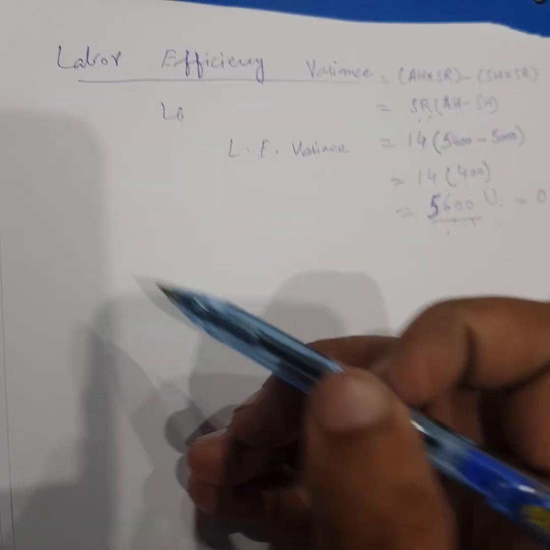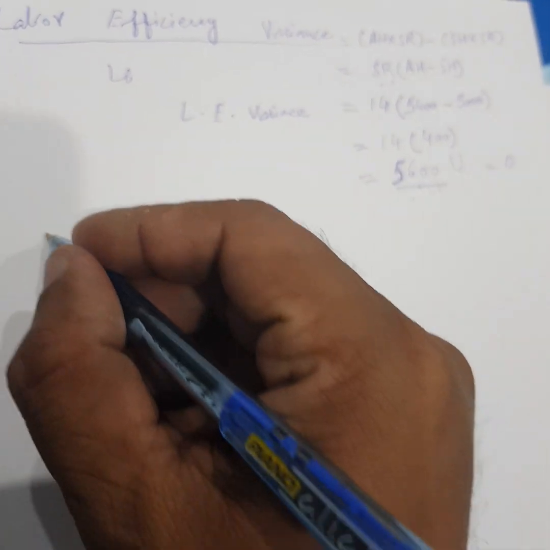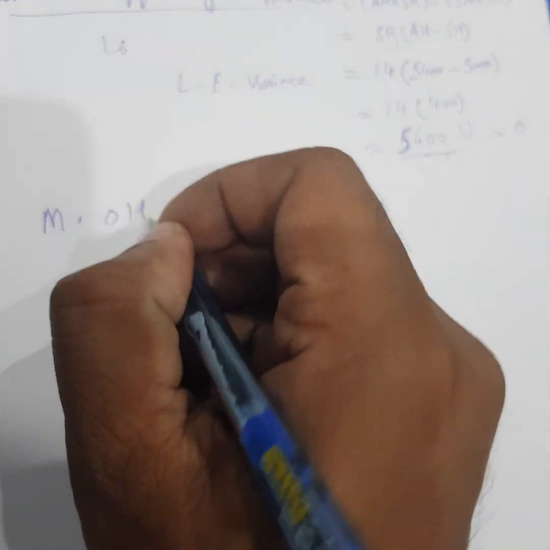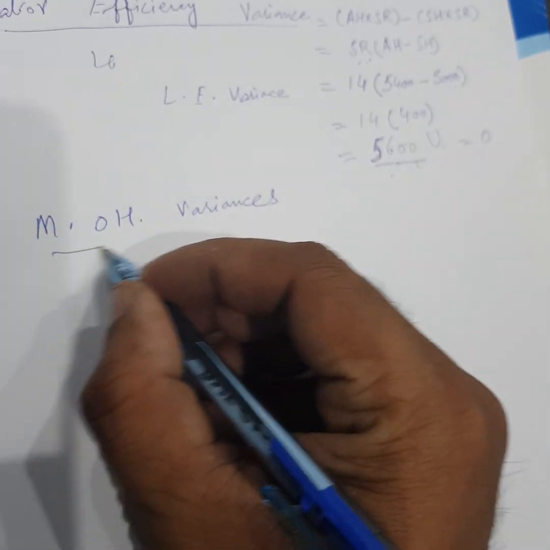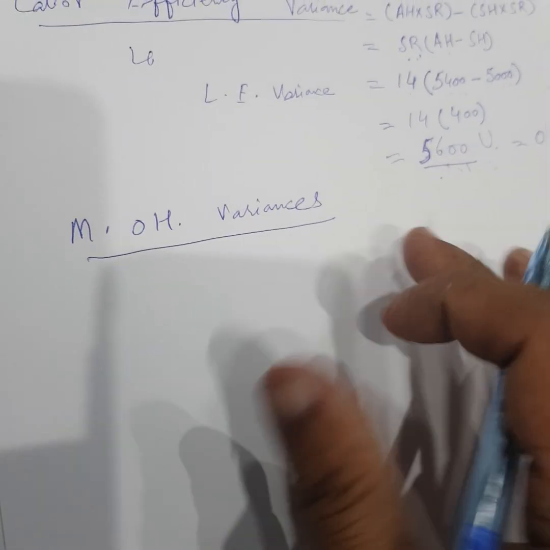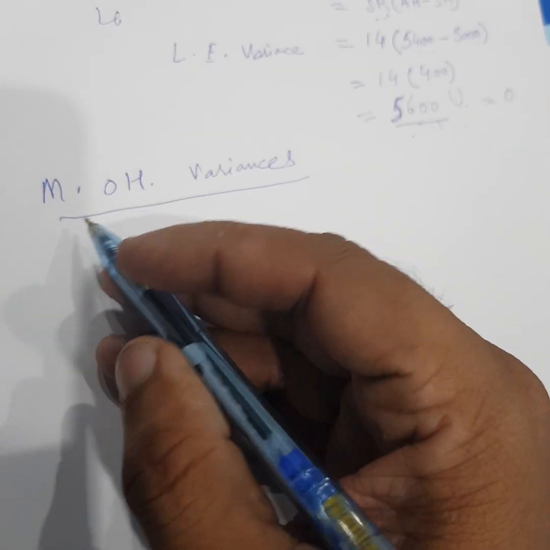After explaining the labor efficiency variance, we are going to discuss manufacturing overhead variances. In this also two concepts come.